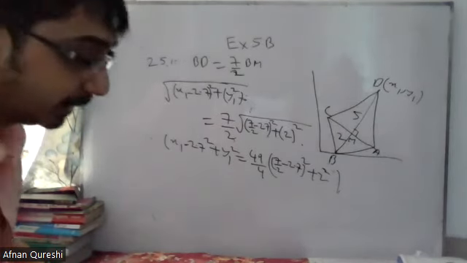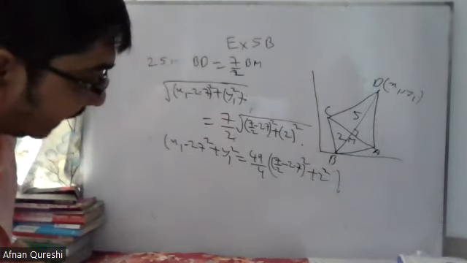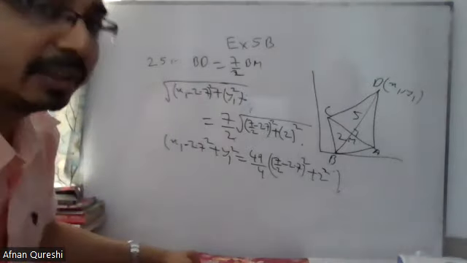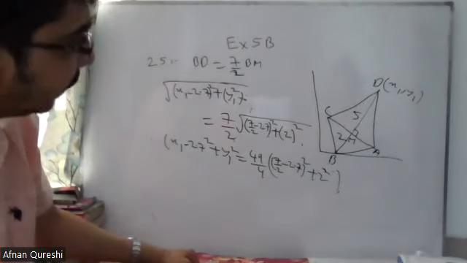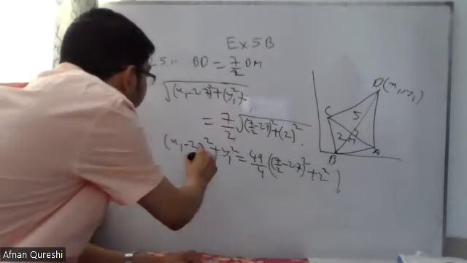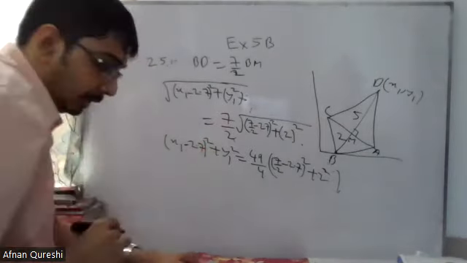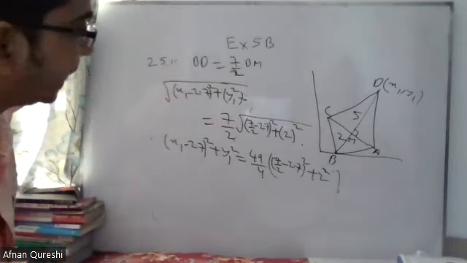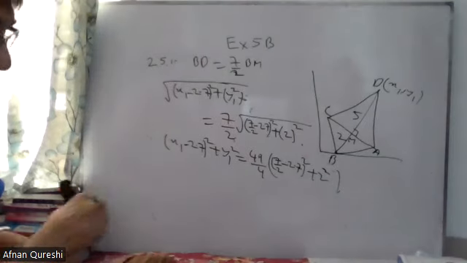I know that D lies on the line BD, definitely. So obviously x1 and y1 are going to satisfy the equation of BD. The coordinates of D are going to satisfy the equation of BD. So let me just insert x1, y1 over there.